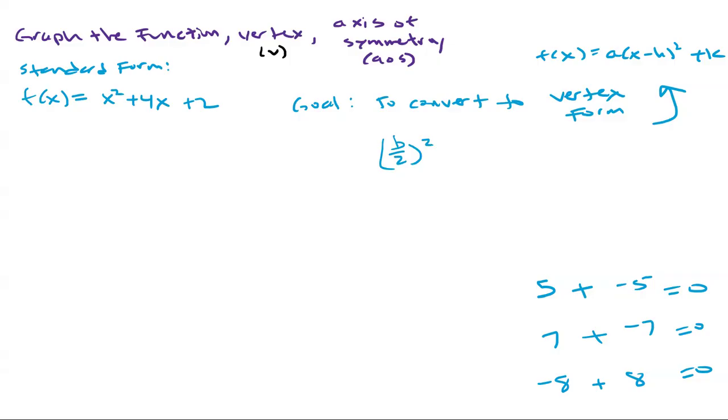Okay, all right, so what do we do? Well, the first thing we need to do here is separate. So remember, in standard form, you have ax squared plus bx plus c. So 1 is our a, 4 is our b, and 2 is our c.